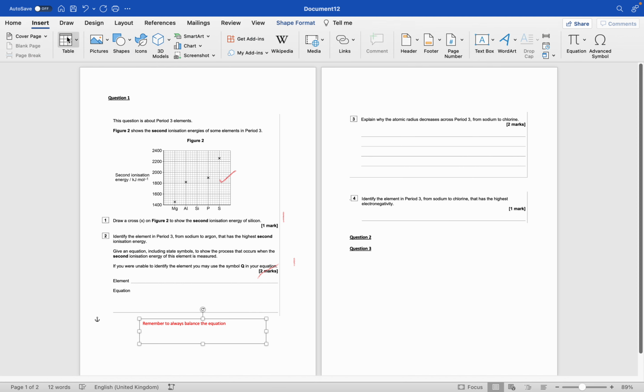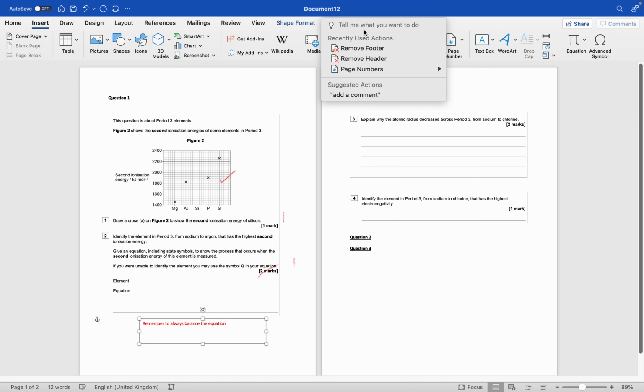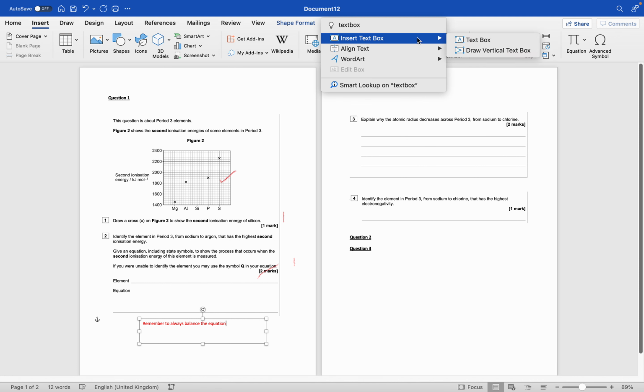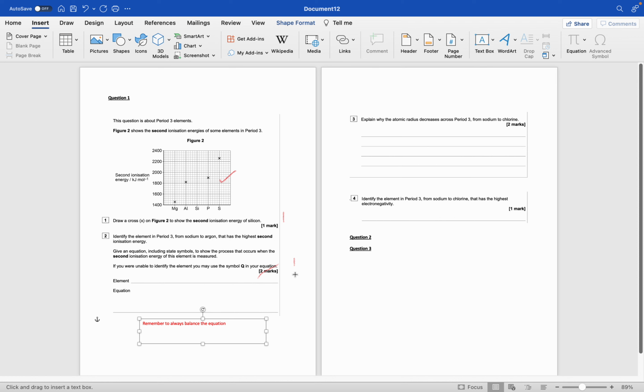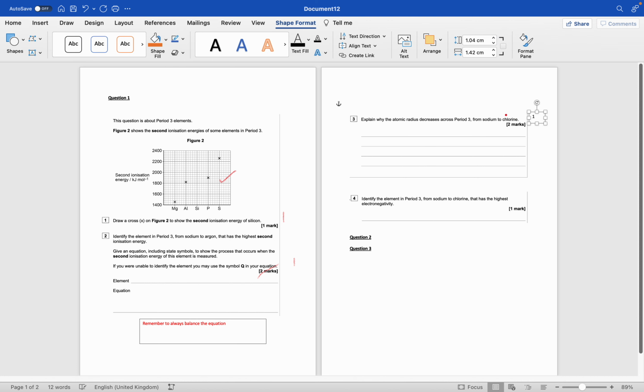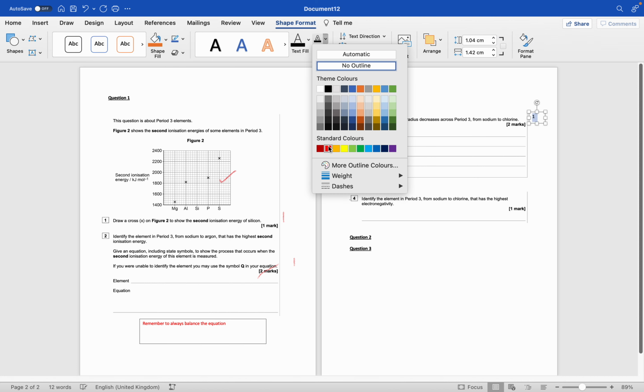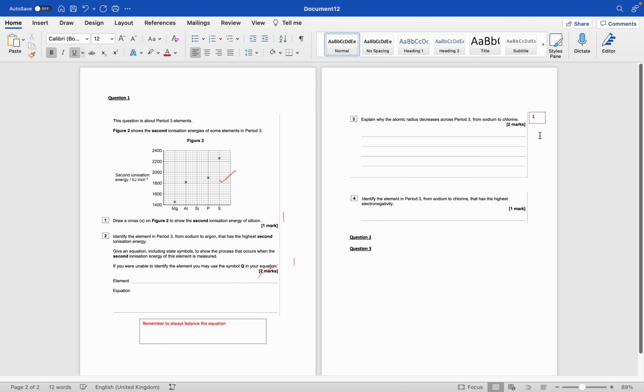I can just insert a text box. Just insert text boxes over here. That's another way to insert a text box quickly. Just type text box over here, and then we can just write in the text box. So instead of, let's say, crossing that out and writing 1 mark, I can just say 1 mark over there. Okay, and that can be read. So there are different ways to mark the paper, but that's essentially how you would set and mark the paper.